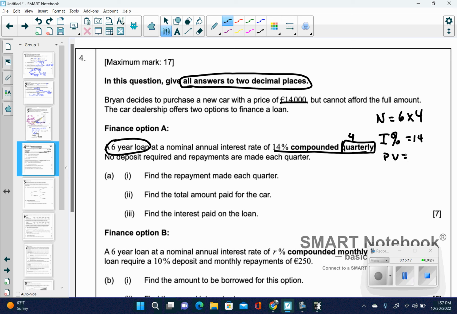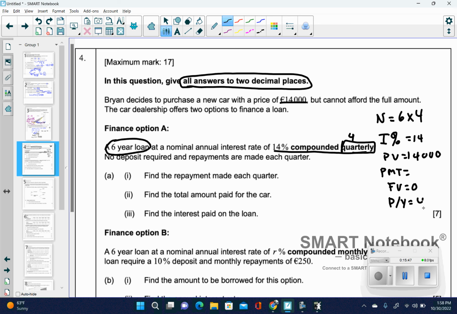PV is going to be how much he's borrowing the loan for, which is 14,000. So 14,000 is going to be the price. The payment is what we want to go ahead and find out. Our FV, our future value, we're going to leave as 0, because after he pays off the loan, there's nothing else that he owes.